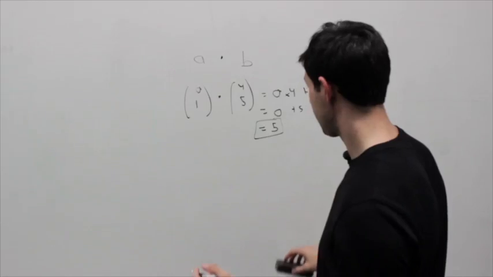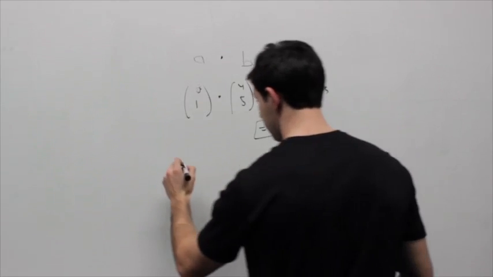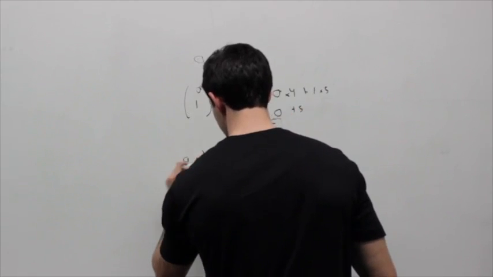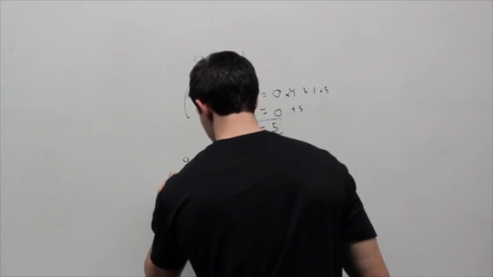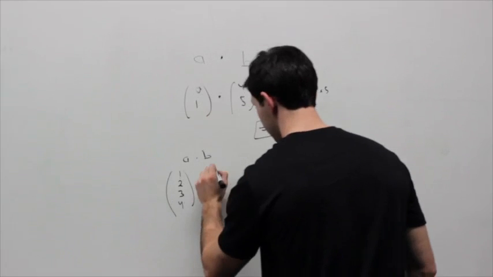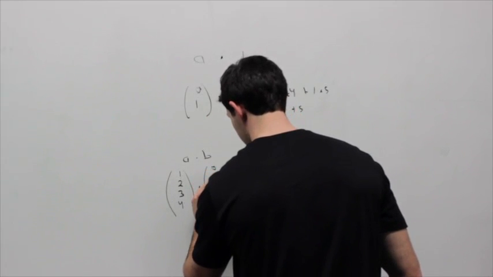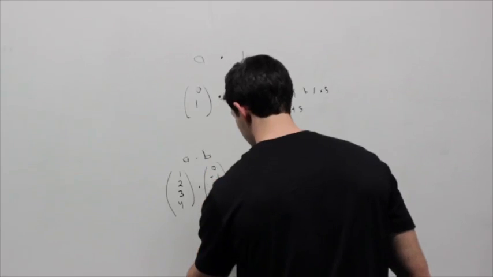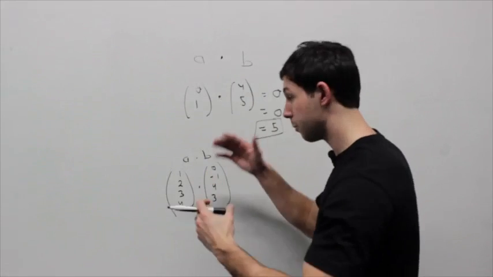So we could do the same thing with 4 dimensions. So let's say A dot B, where A is 1, 2, 3, 4 and B is 0, -1, 4, 3. So we do the same thing, and it works in as many dimensions as we want.